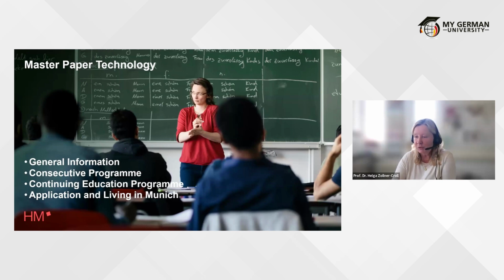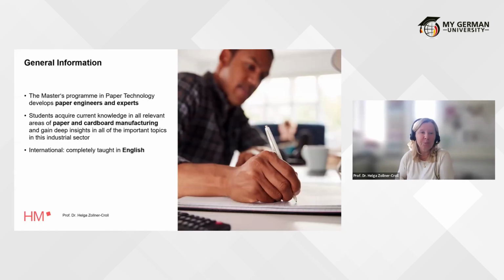So today I brought you some general information about our program, and then we go in depth about the detailed modules in the consecutive program as well as the continuing education program. At the end, I'm going to have some slides about living in Germany, or living in Munich in particular, and how to apply for our master's degree.